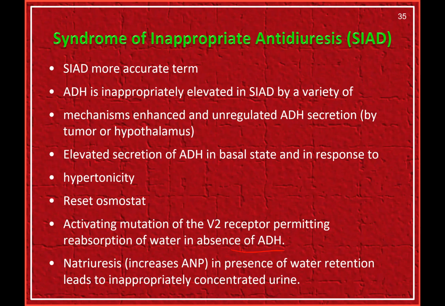Normally without ADH there should not be reabsorption of water because the V2 receptor requires ADH. When there is a mutation of the receptor, even in the absence of ADH, there will be water reabsorption. Natriuresis in the presence of water retention leads to inappropriately concentrated urine, or an increase in the ANP, that is atrial natriuretic peptide.